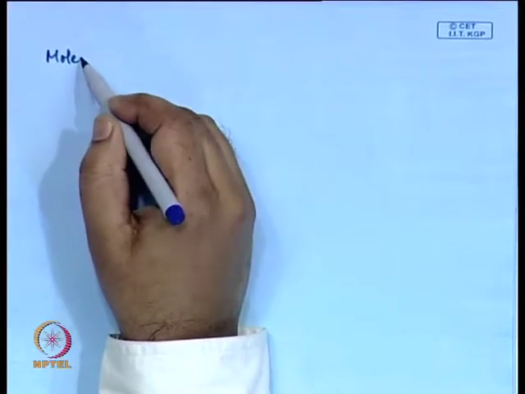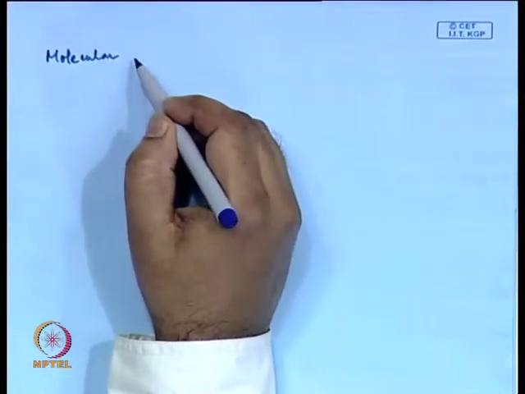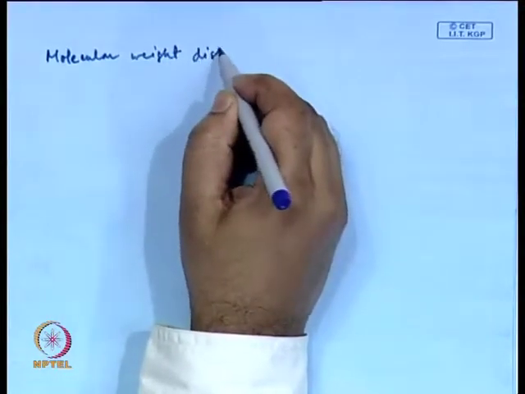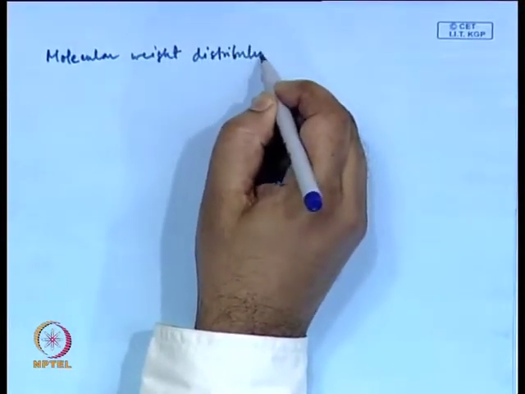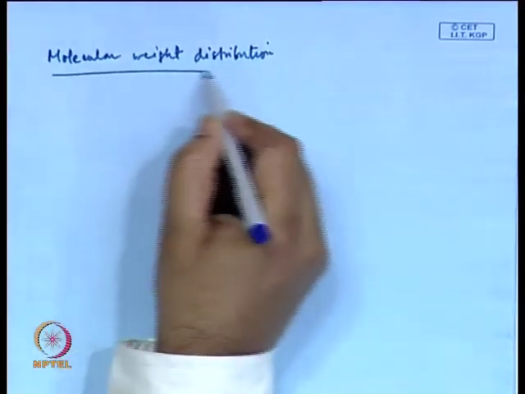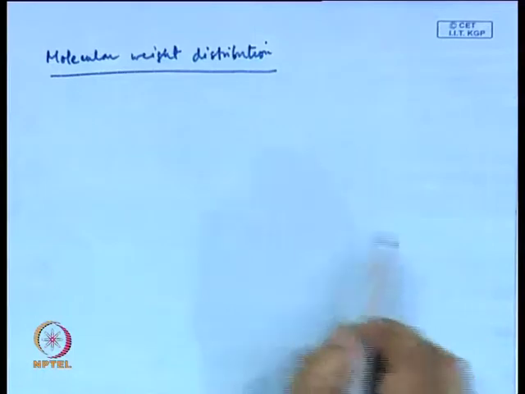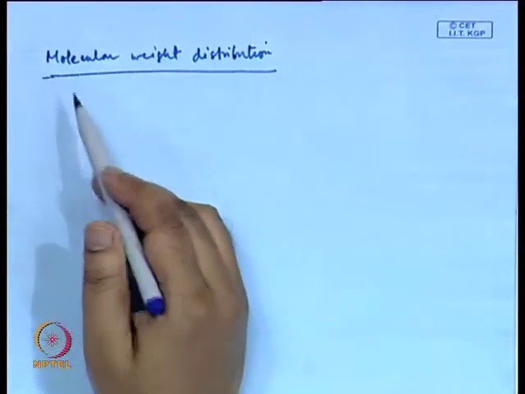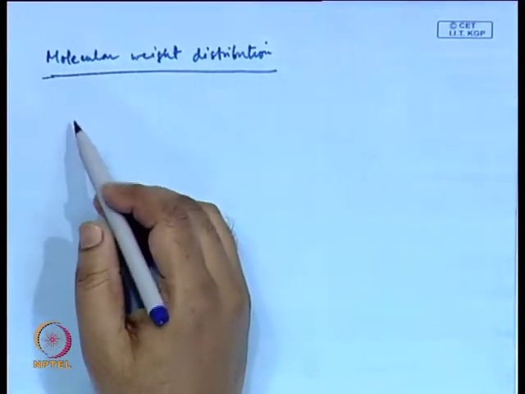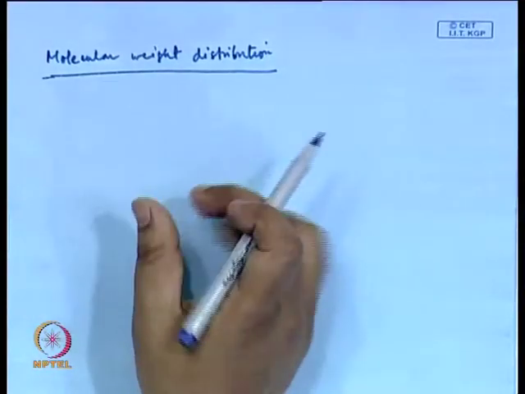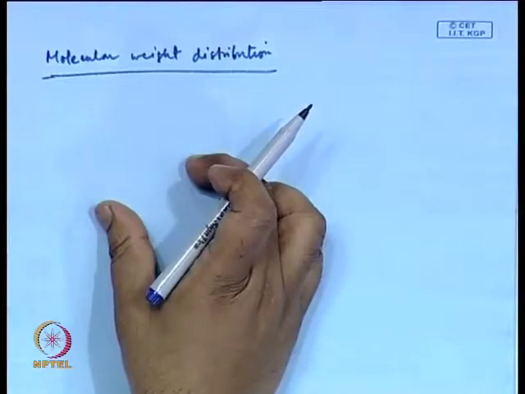Now, let us talk about the molecular weight distribution in the case of radical polymerization. Again, in the case of radical polymerization, it is a little complicated, because the molecular weights formed during different stages are different.